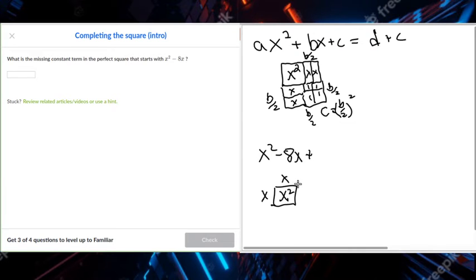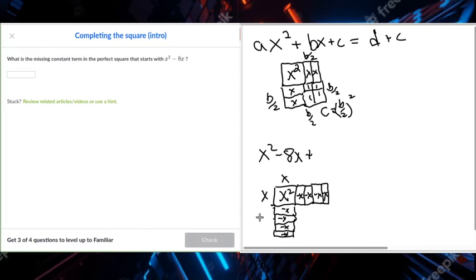And then I'm going to put half of these negative 8s on this side, and so there are 4 on this side, and another 4 on this side. Negative x, negative x, negative x, negative x.